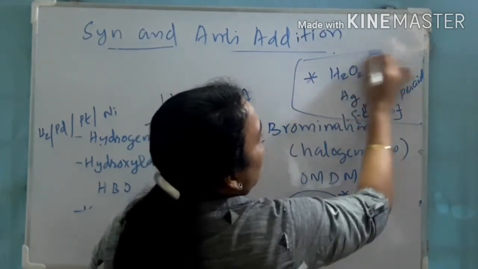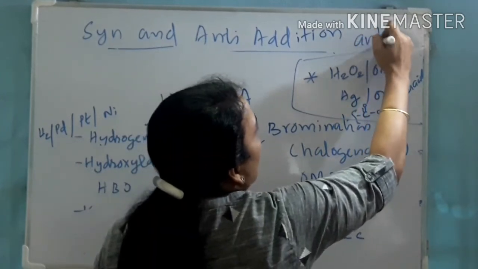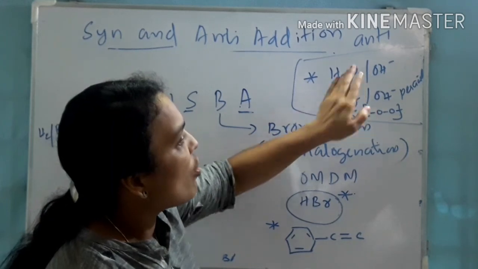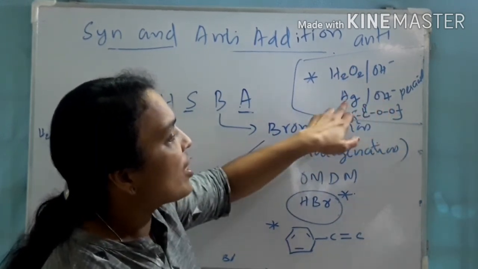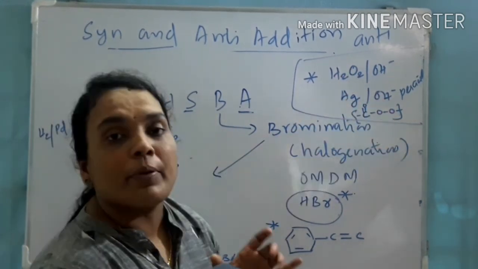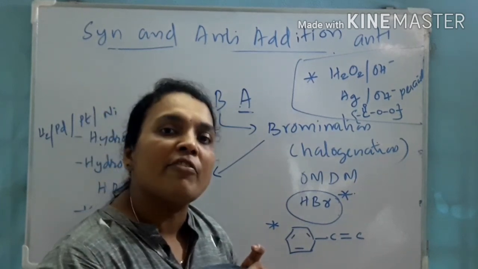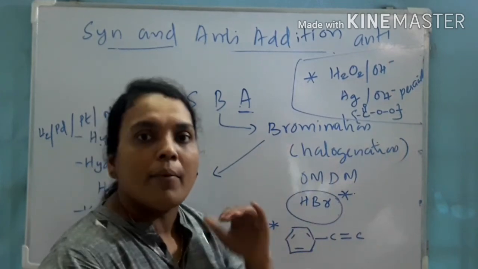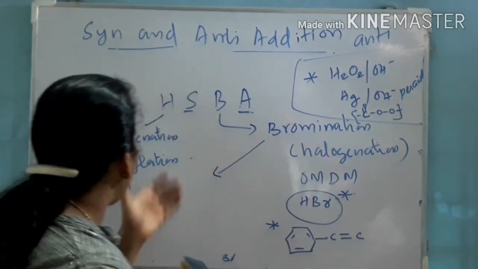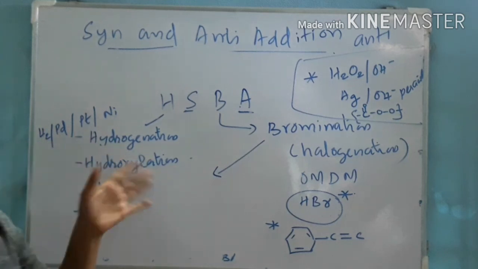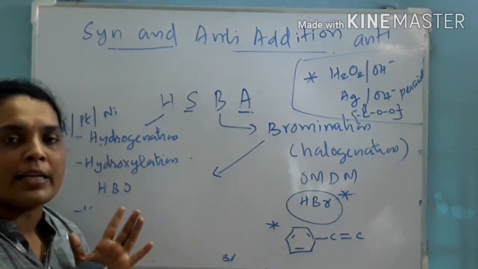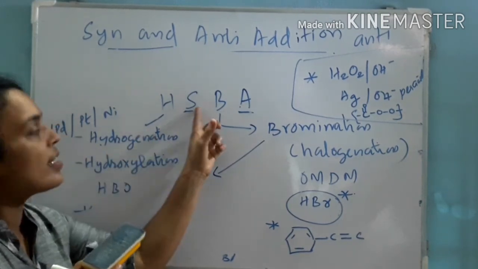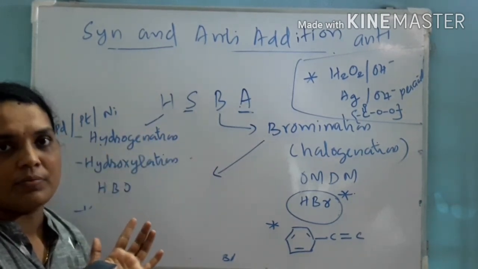These all undergo hydroxylation but favor anti-addition. Generally, hydroxylation by using KMnO4 or cold KMnO4 or alkaline KMnO4 or osmium tetroxide, in all these general cases it favors syn addition.